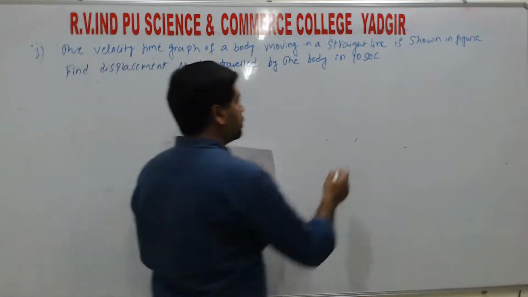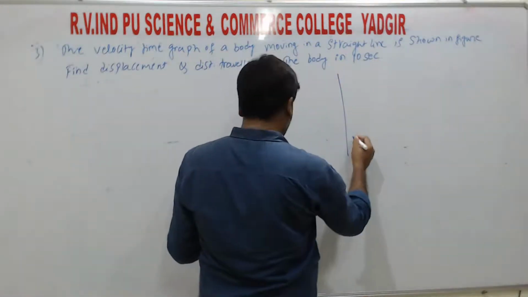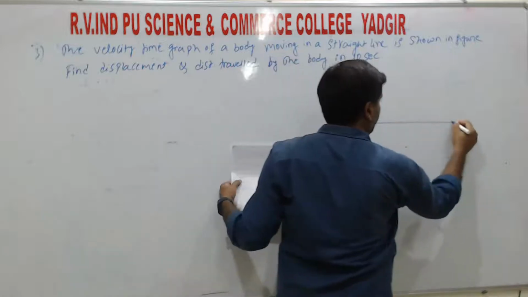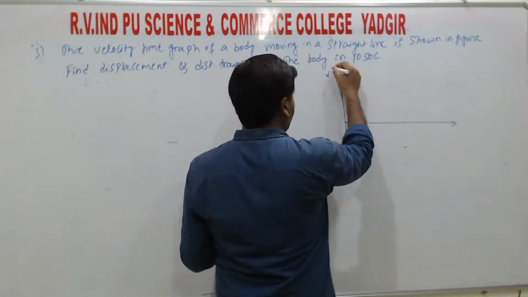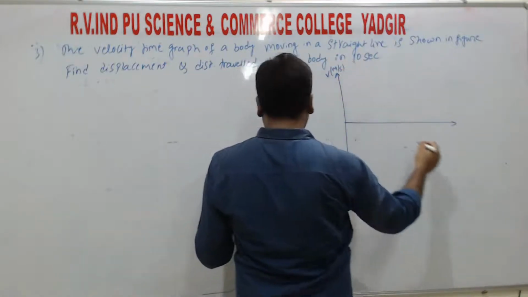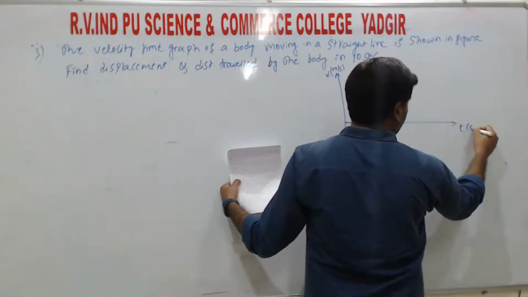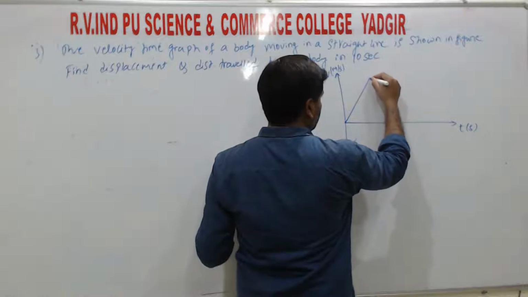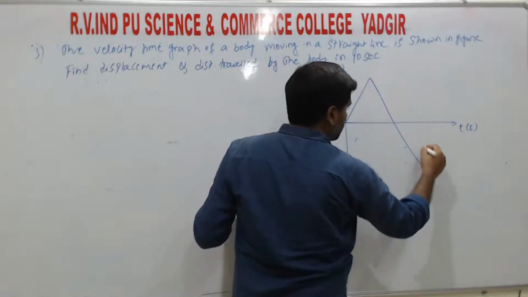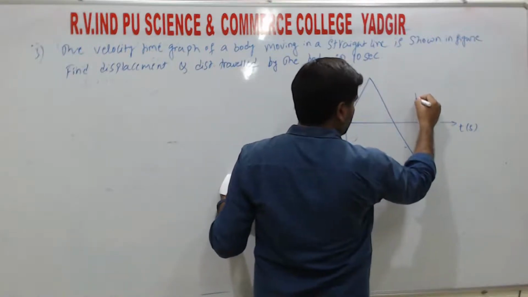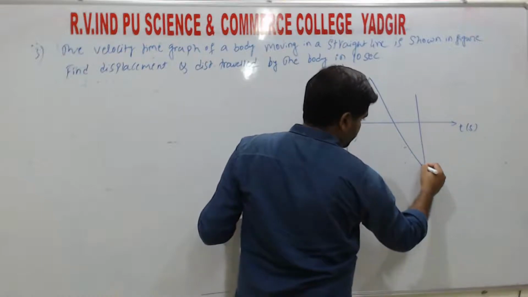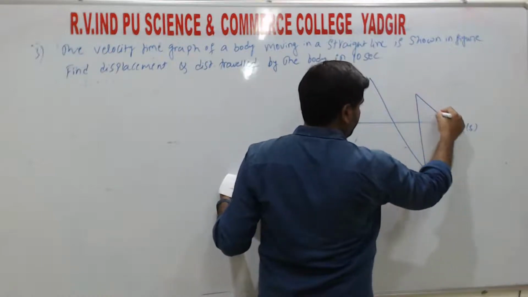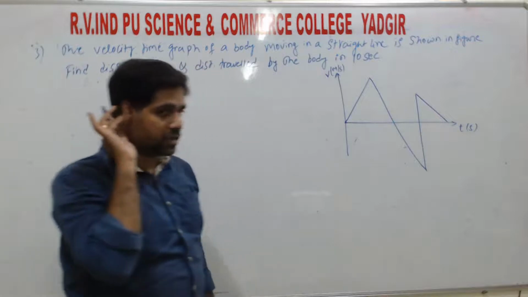So they have given the graph. So V is in meter per second. So time is in seconds. The graph is like this, right?